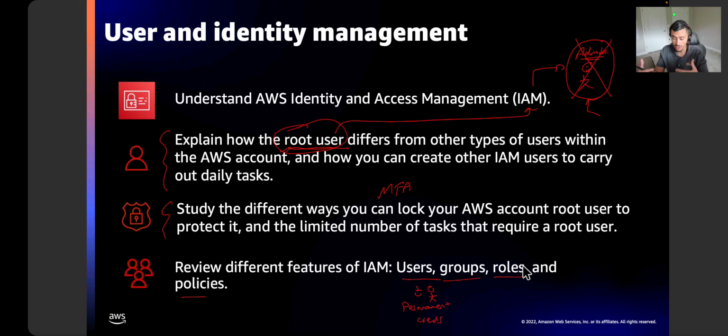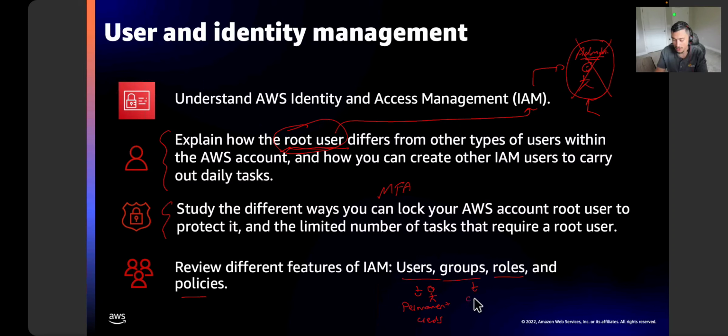We create users for the different employees on our team that are accessing the same account. Remember that when we create users within an account through IAM, they're all logging into the same AWS account. They're just going to have different permissions within that account, and we'll talk about how we set those permissions in a second. So know what a user is.